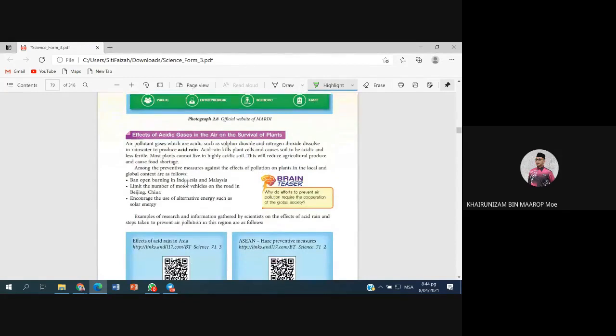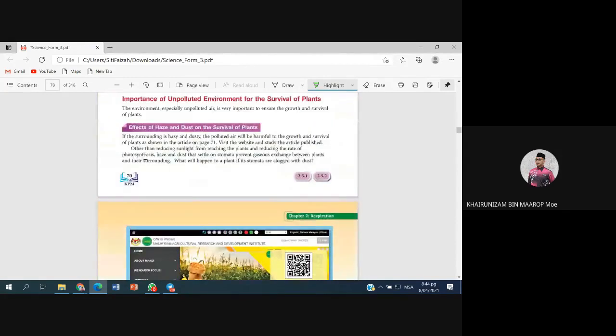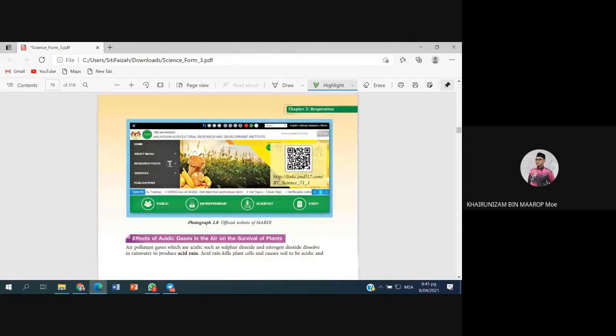So other than reducing sunlight from reaching the plants and reducing the rate of photosynthesis, haze and dust that settle on the stomata prevent gas exchange between plants and their surroundings. So how?